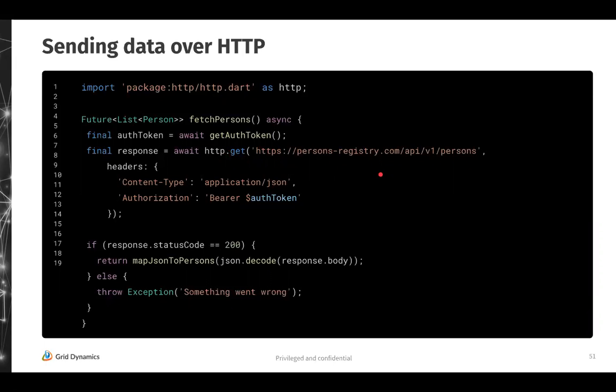And I would like you to pay attention to this piece, because you should think about Dart HTTP as more like window.fetch instead of some high-level alternative such as Axios or things like that, because as you can see here, this thing is pretty low level.